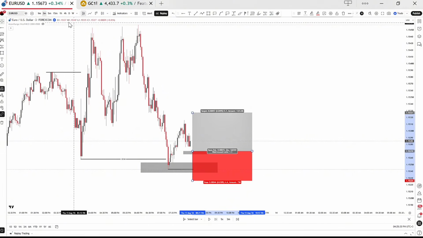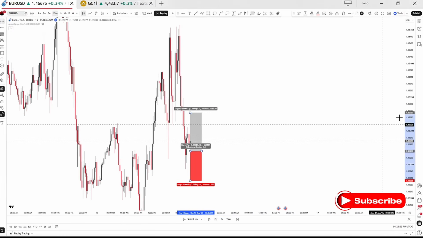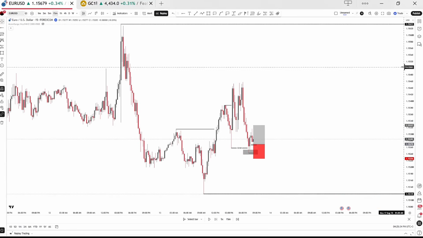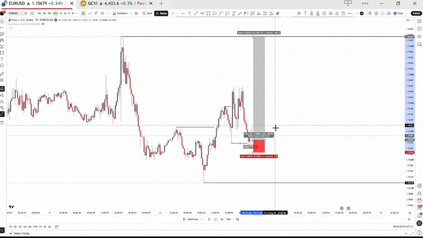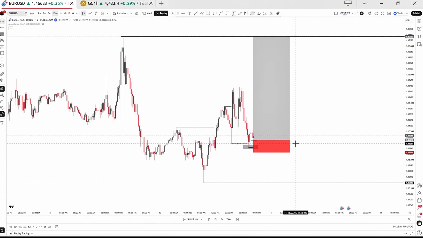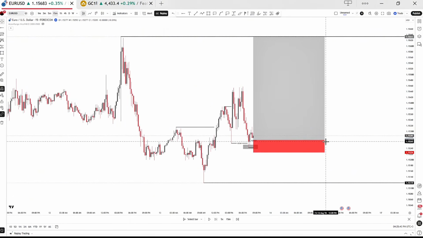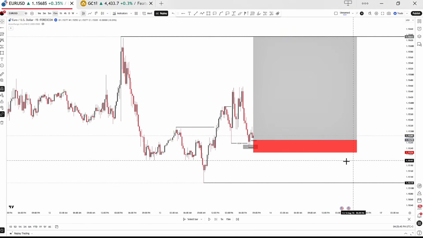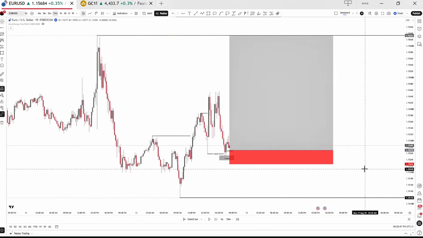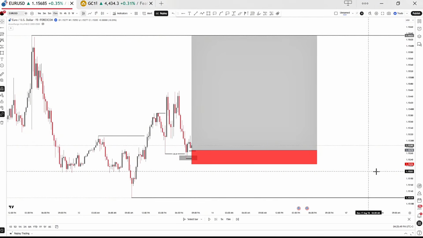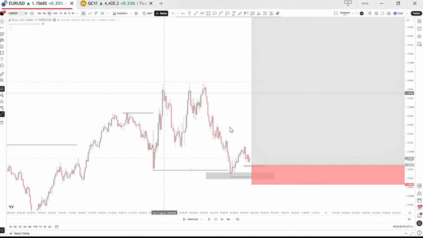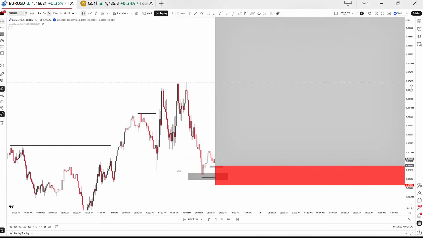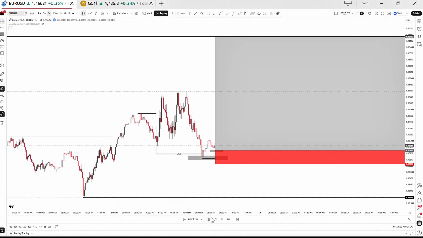Now for TP, we're just going to go back to the 15-minute time frame. Since the trend is bullish, we're going to target this high. Targeting that high might take some time to reach, but at least we know we can hold a trade that is going in the right direction.